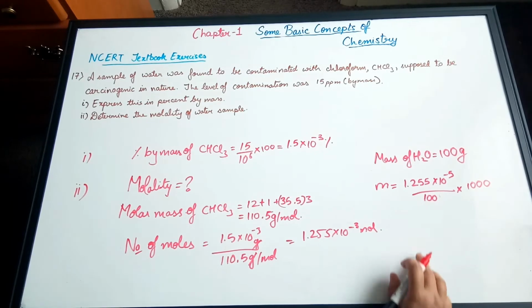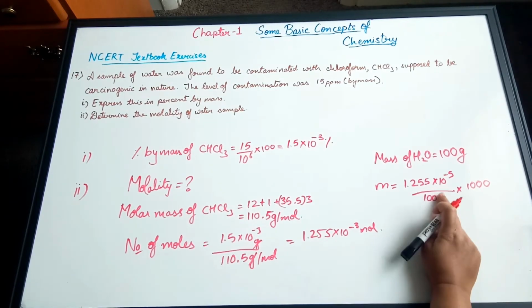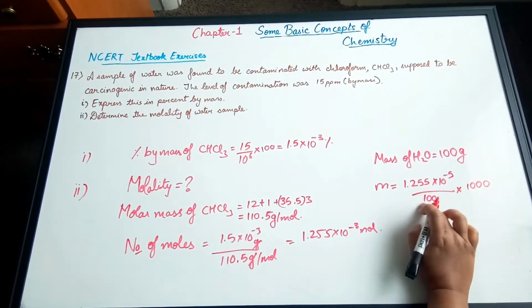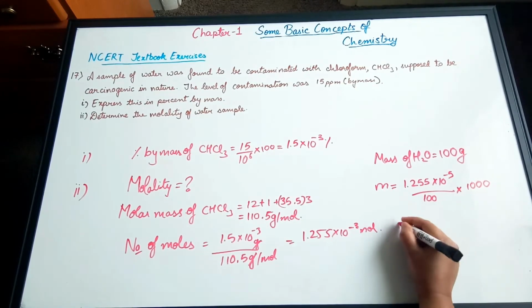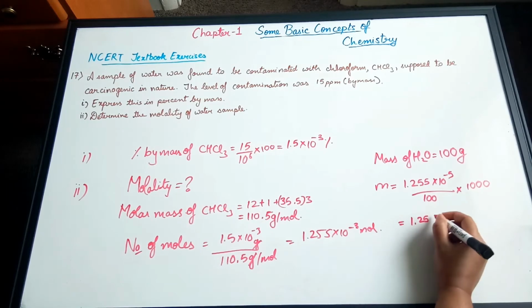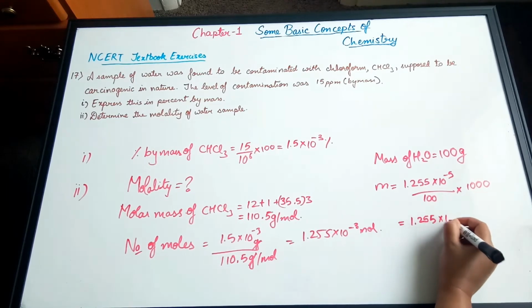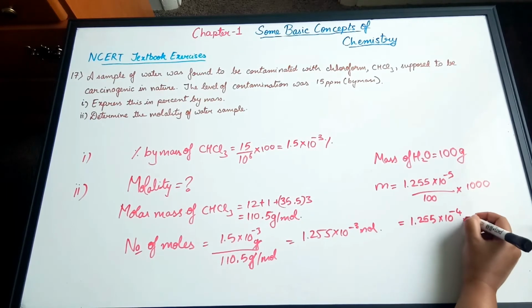So we are multiplying it with 1000 to convert this value from grams to kilograms, and when this is simplified we get 1.255 into 10 to the power minus 4 molal.